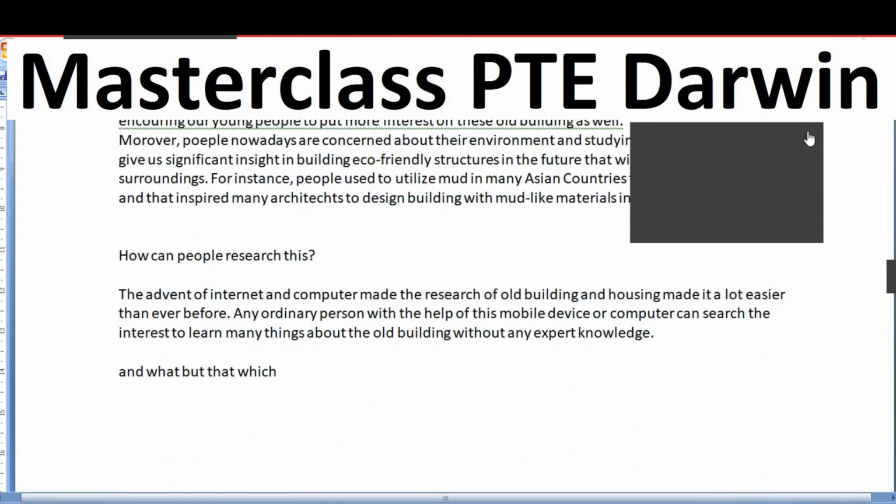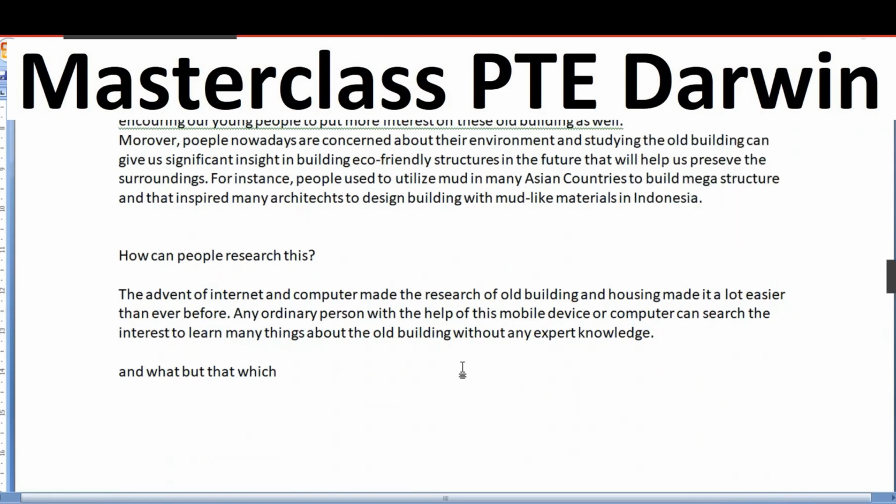You can write a couple of simple sentences, and we can join them with and, what, that, which. We can even add so that, something like this as well.